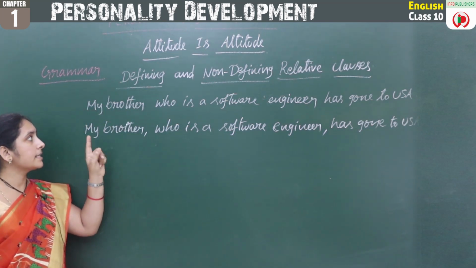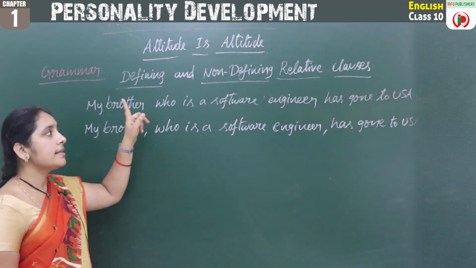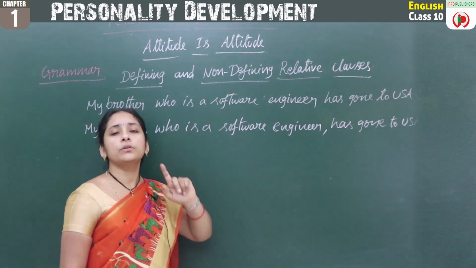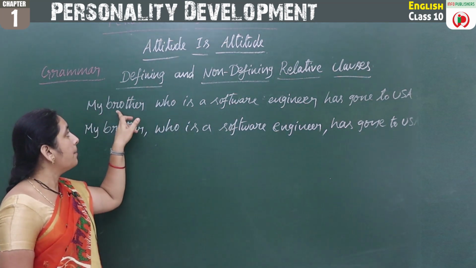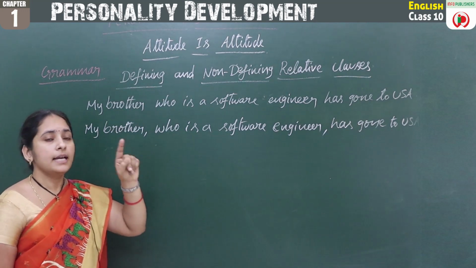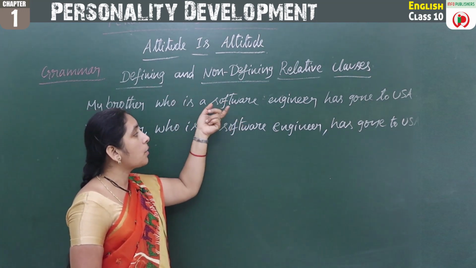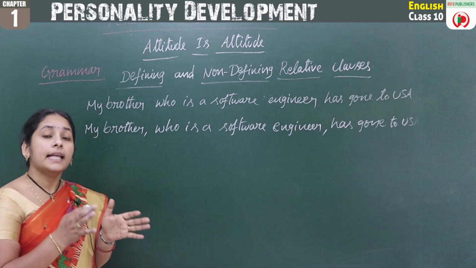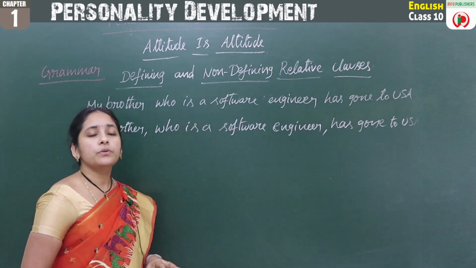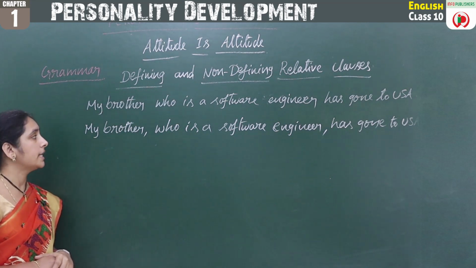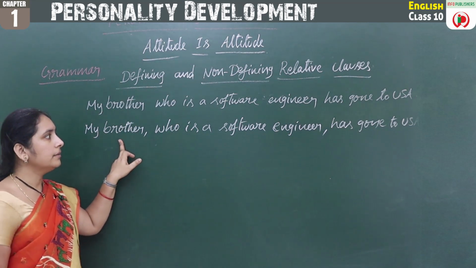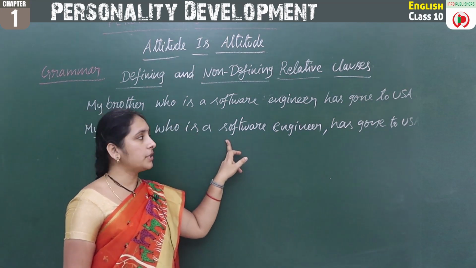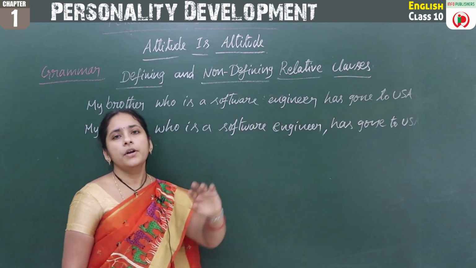In these two sentences, my brother who is a software engineer has gone to USA. That means of my brothers, only one, that person only went, who is a software engineer. That brother went to USA, right? Here my brother, he is a software engineer and he has gone to USA.